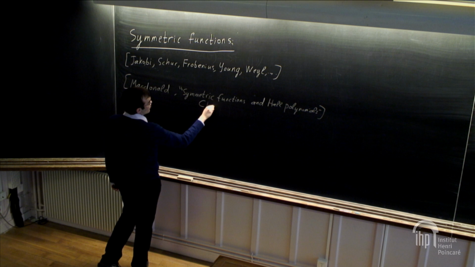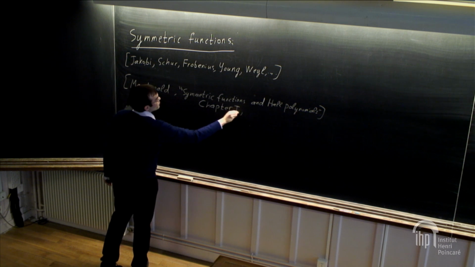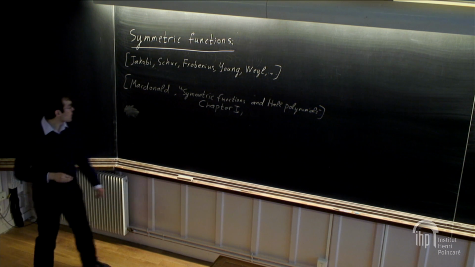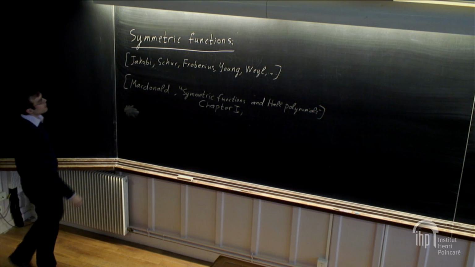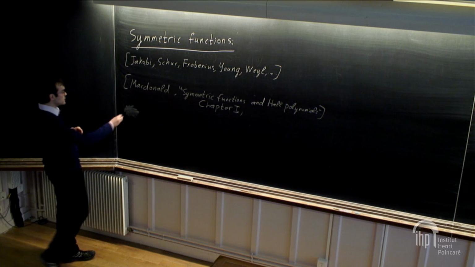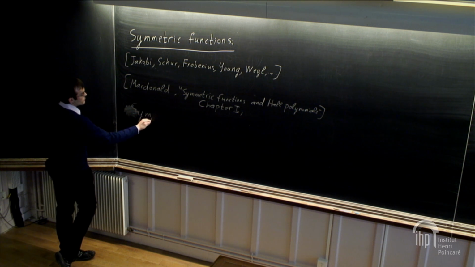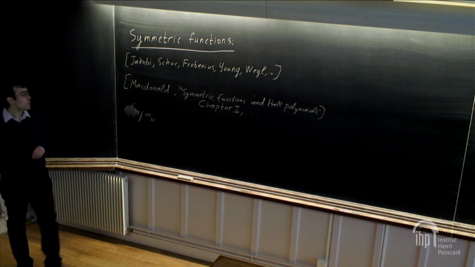Probably we will mostly cover the material of chapter 1, the first few paragraphs. But first I want to start with an easier object. I will just study symmetric polynomials.